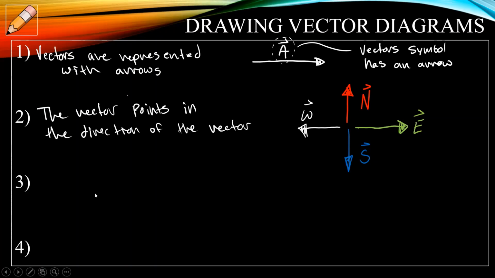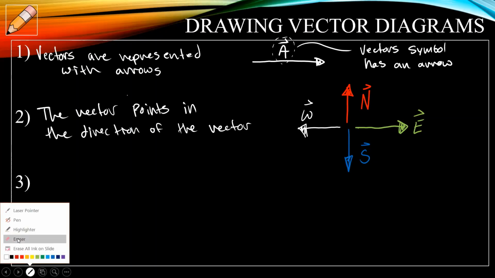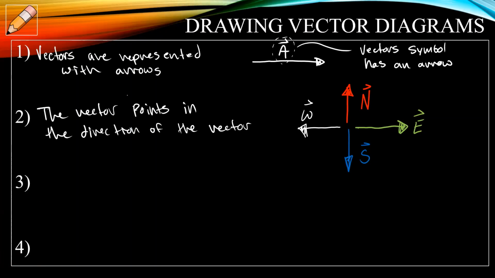So that's another thing that we need to know. The third thing that we need to know about these vector diagrams is that the length of the vector tells you about the magnitude. So the length of the vector, when you draw it, tells you about the magnitude.